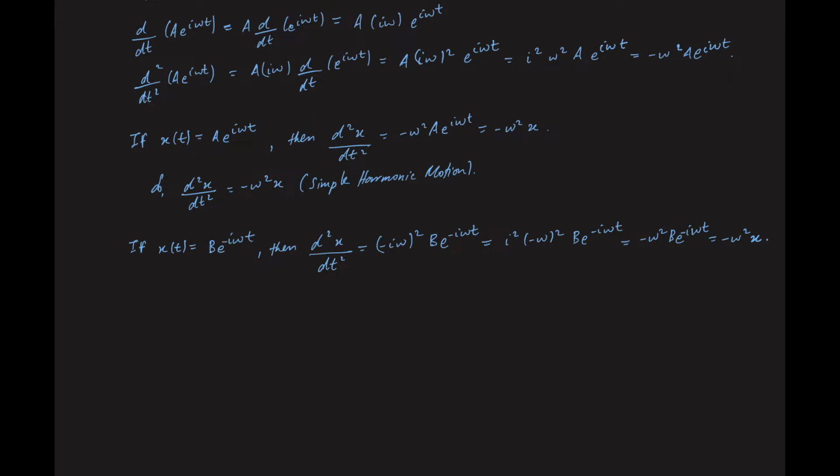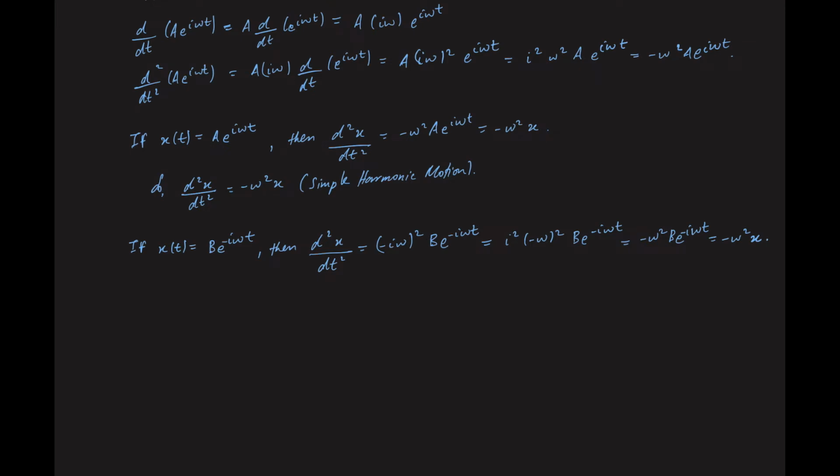Okay, so we note that there are two complex exponential solutions over here to the simple harmonic motion equation. One with a positive i omega t and one with a negative i omega t.